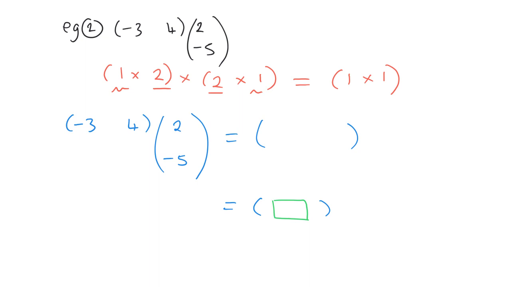So this green square, this is in the first row and the first column. So we multiply the first row by the first column. So that's minus 3 by 2 plus 4 by minus 5. So that gives us minus 6 minus 20. So we have minus 26.